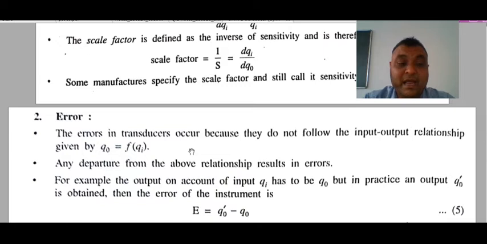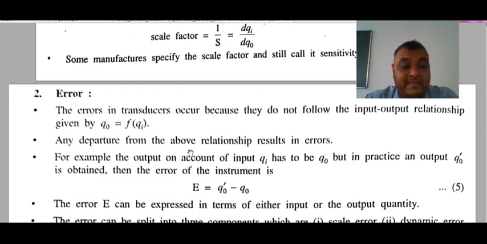Okay, now first point, that is the error in a transducer occurs because they do not follow the input output relationship given by output is equal to f of qi. Okay, because the first statement says that it will not follow the input output relationship. Okay, now any departure from the above relationship results in error.